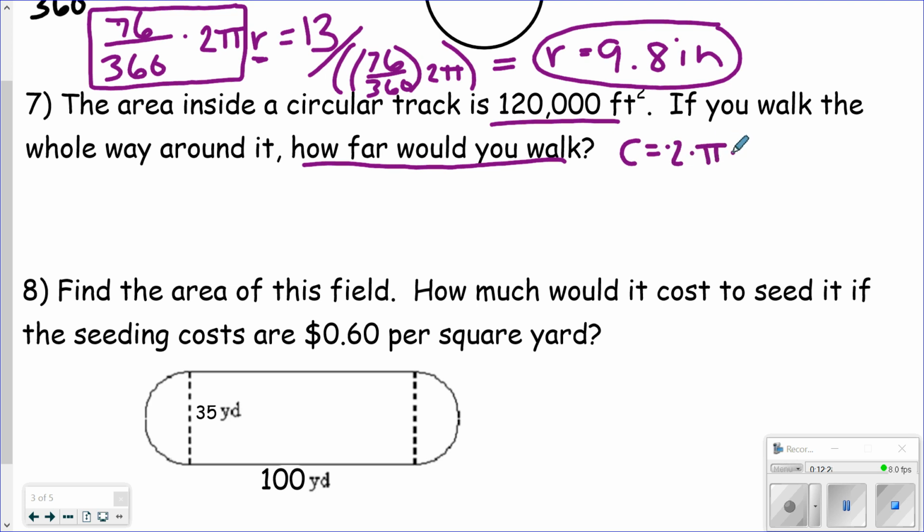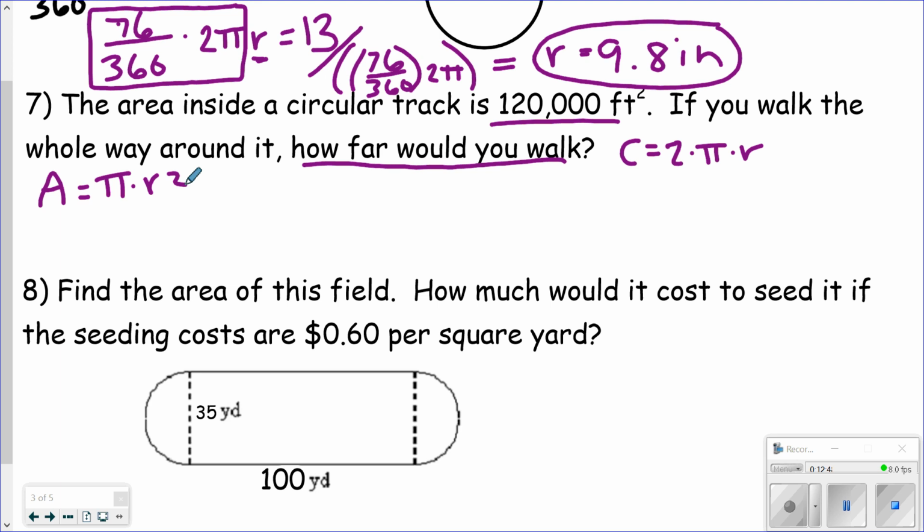Well, in our problem, we don't know what the radius is. What we do know is the area of the circle. So area of a circle is equal to pi times r squared. So if we find the radius using our area, we can then find the circumference.